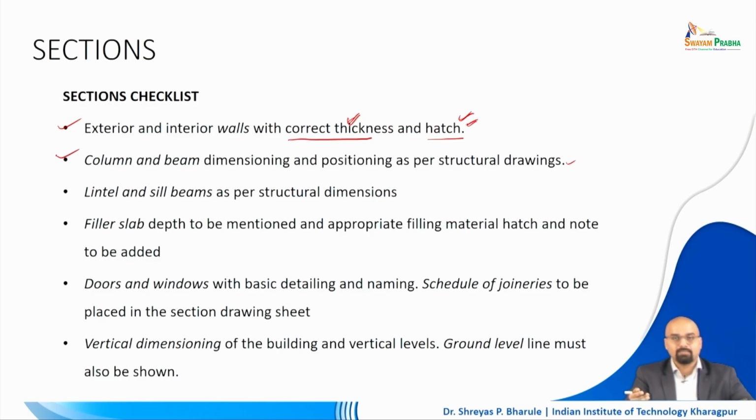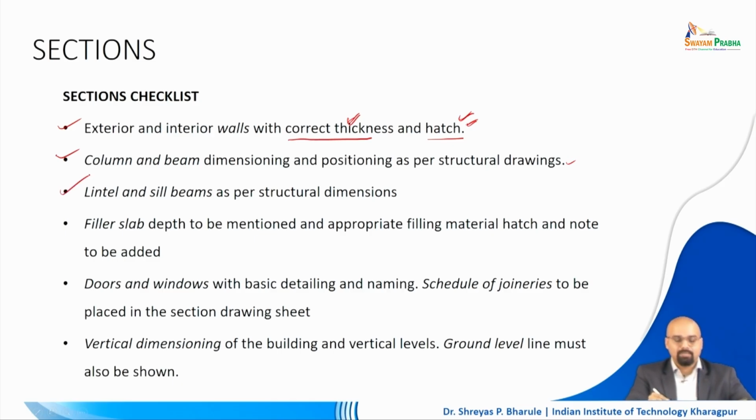So, we had done a center line plan to plot the column center lines, identify where the columns will be located, and then accordingly organize where the beams will be passing through. All of these details are to be imported into this particular section drawing, and then accordingly a section is to be drawn, right.